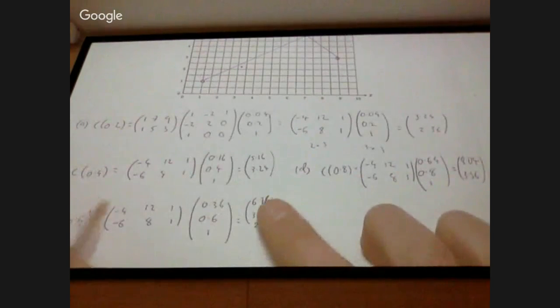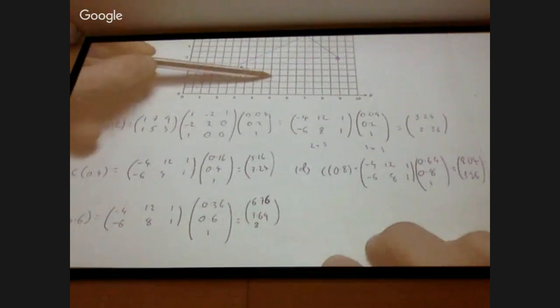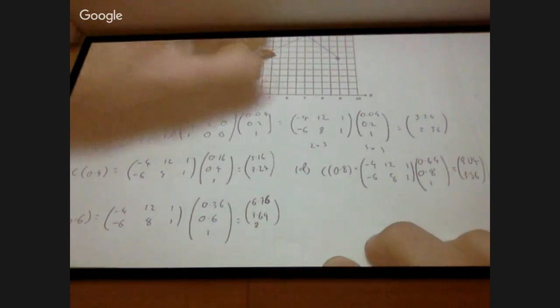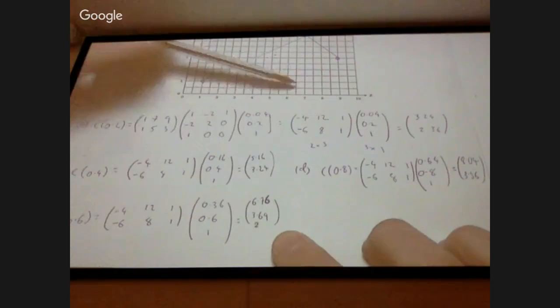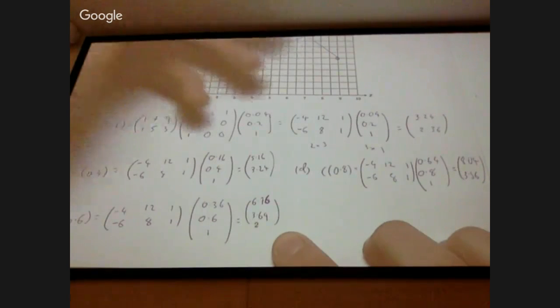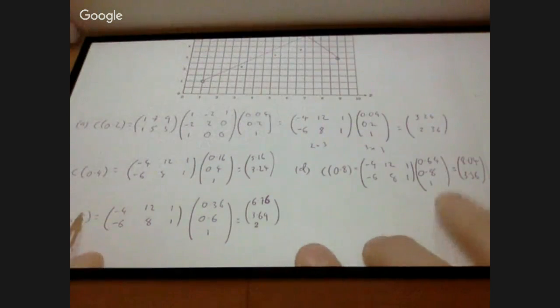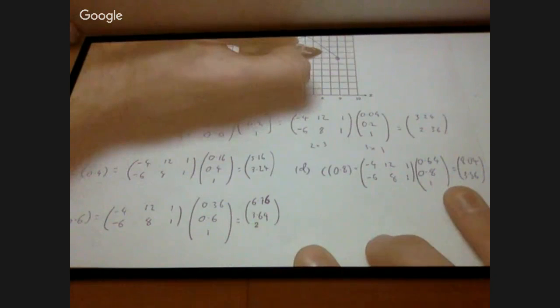So 5.16, that here, 3.24, should be about there. 6.76 and 3.64. Right there. And finally 8.04 and 3.56. Going to do that there.